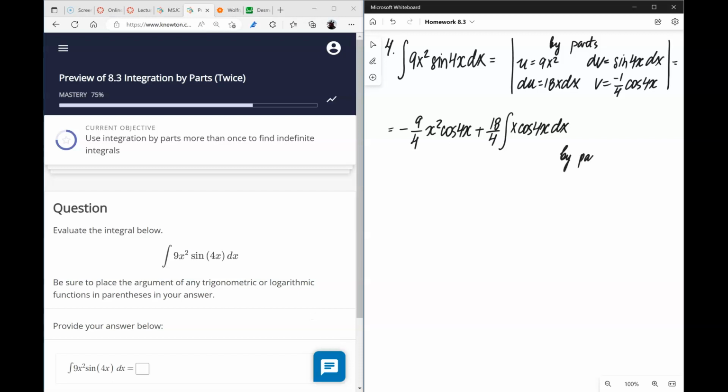And again, it's the same pattern, so we recognize it. We set u to be x, so that du is dx, and then dv is cosine of 4x dx, so that v is equal to 1/4 sine of 4x.